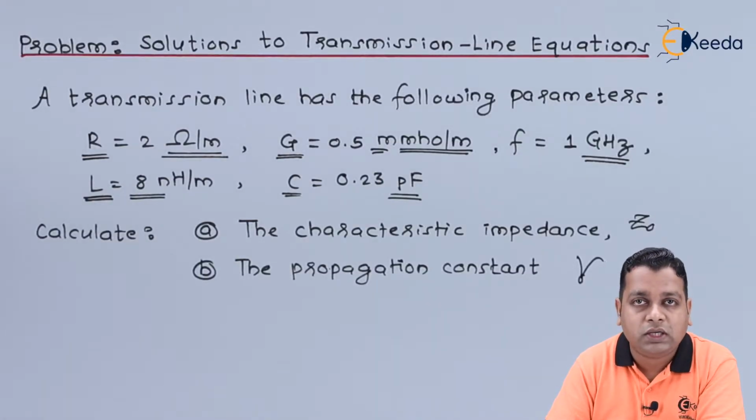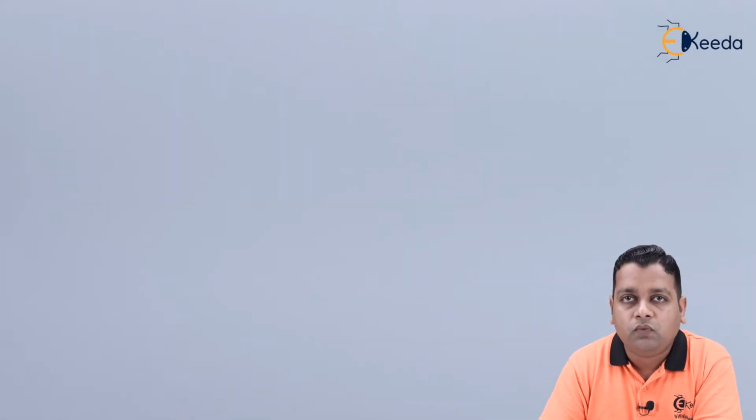So let us give attention to the calculation for part A, the characteristic impedance. As we have the problem statement with the given values of the resistance, the conductance, the inductance and the capacitance, these are the lumped elements of the equivalent circuitry for the transmission line model.